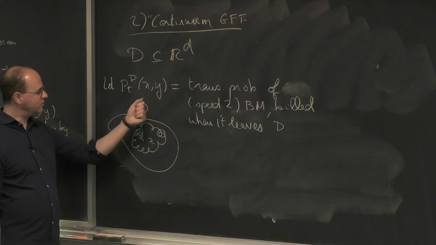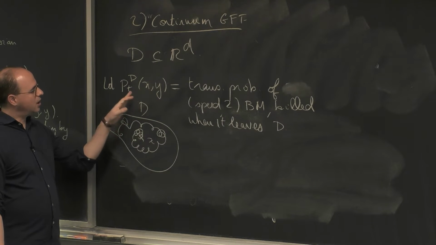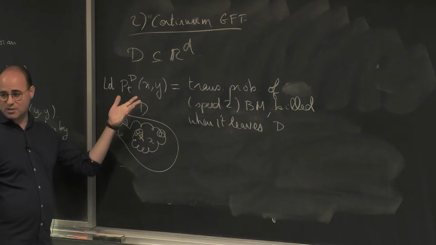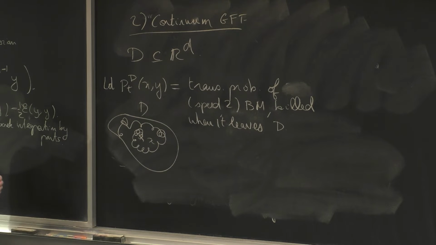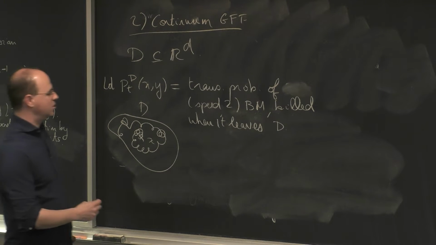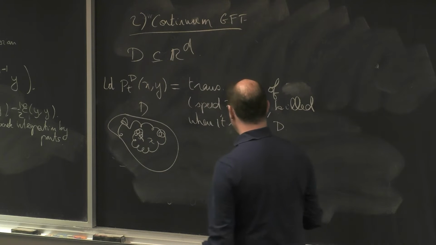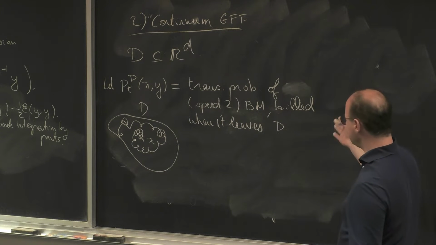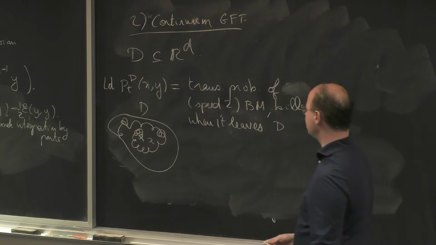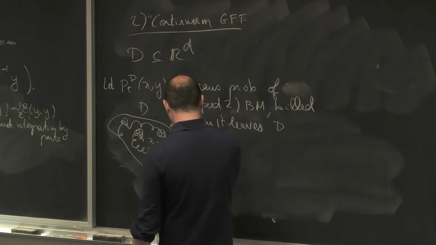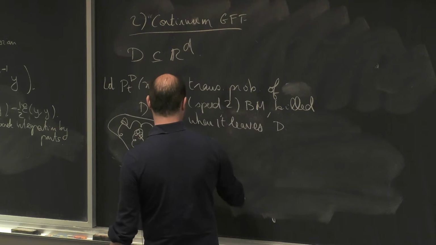It's a density in y, and has not left the domain D by time t. Okay, so this is not complicated to believe; it makes sense for a Brownian motion. And we're going to define the Green function from it.